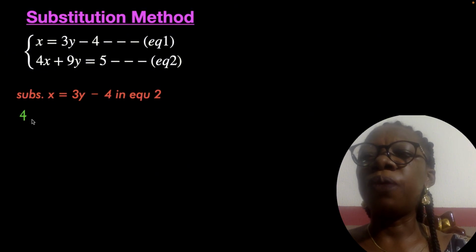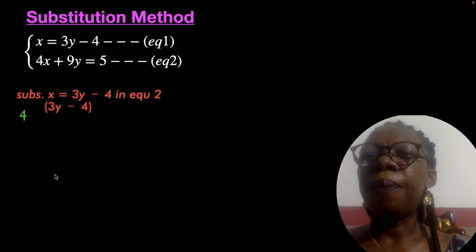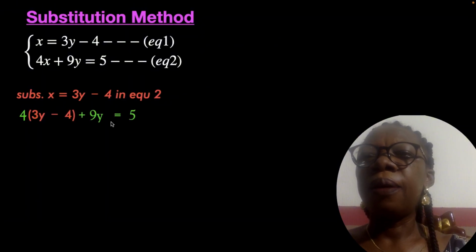Therefore, in equation 2, we have 4, and instead of writing x, we write 3y minus 4. Now complete the equation: plus 9y equal to 5.